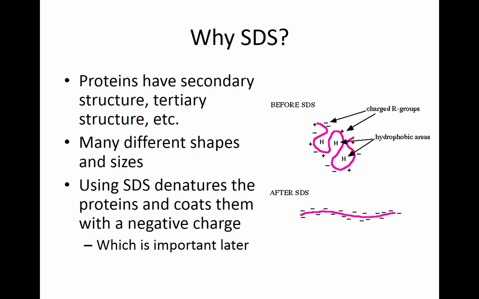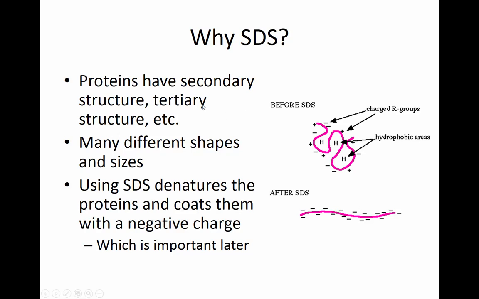So why do we use SDS? Why do we bathe our proteins in detergent before putting them on the gel? What possible purpose could that have? Well, first of all, if you're doing regular old SDS-PAGE separation of proteins, you don't want the proteins all balled up like when you take them out of the cells. You're going to want them in nice linear strands so they can snake through that polyacrylamide.